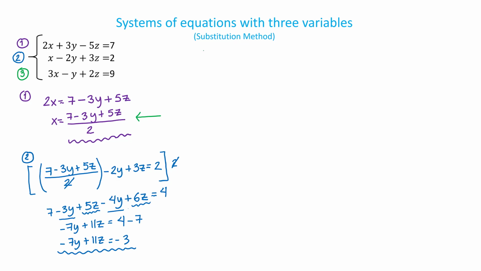Equation 3 says that 3 times x, and x is 7 minus 3y plus 5c over 2, minus y plus 2c equals 9.